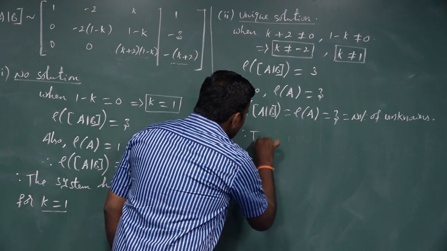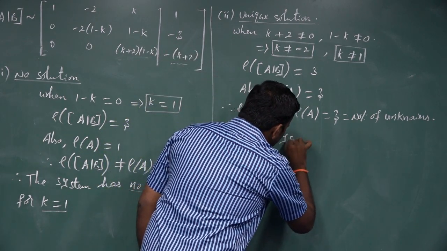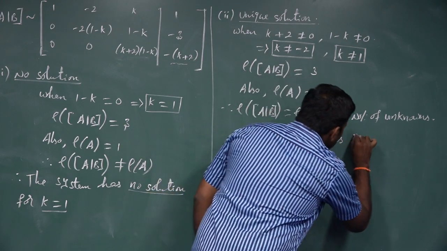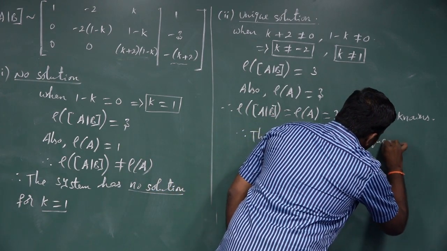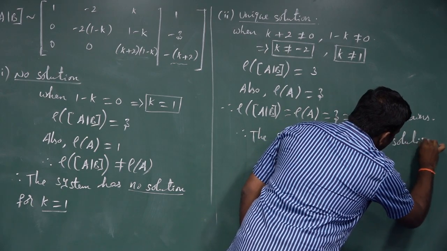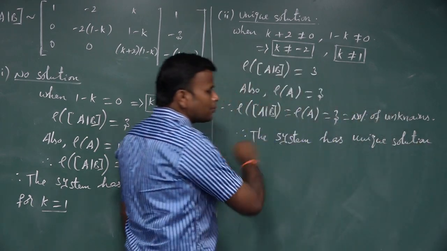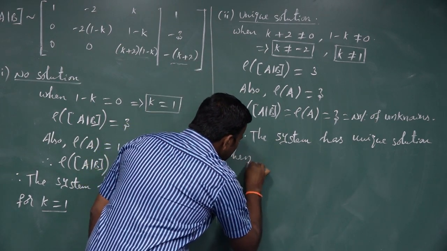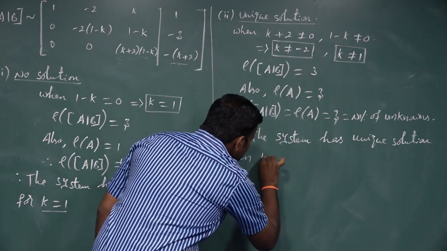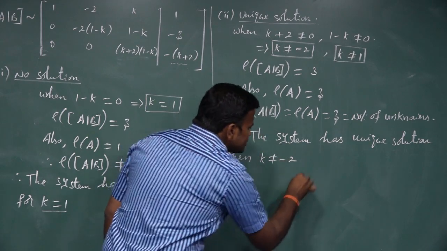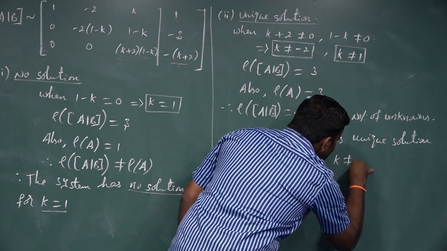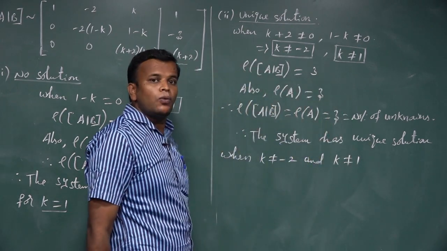Therefore, the system has unique solution when the value of K is not equal to minus 2 and the value of K is not equal to 1.